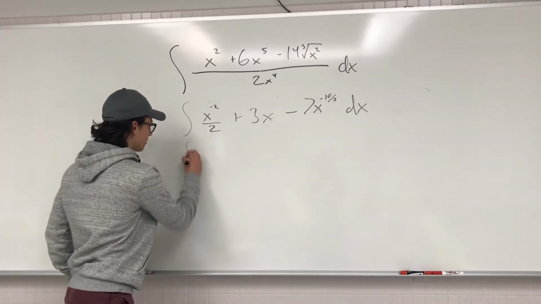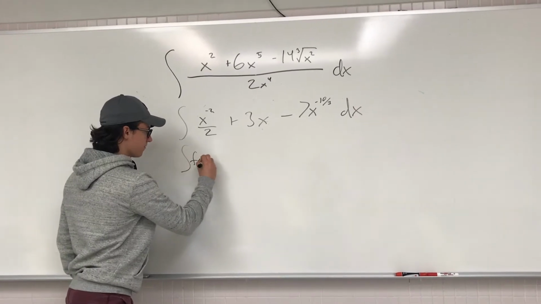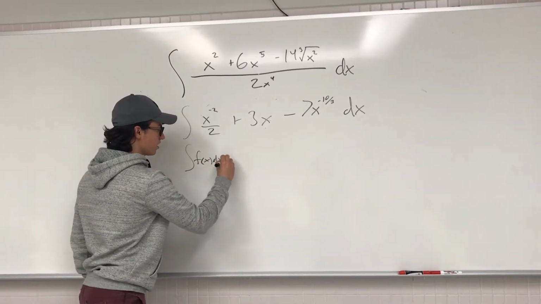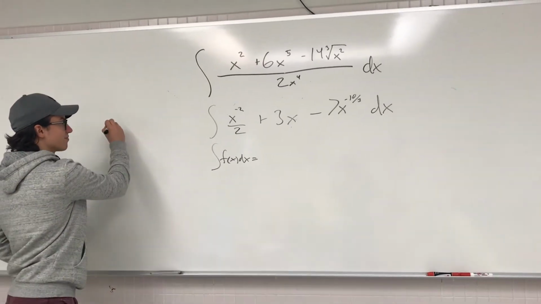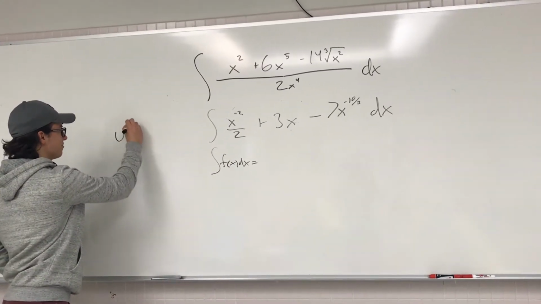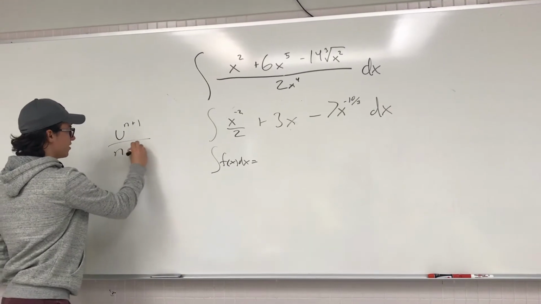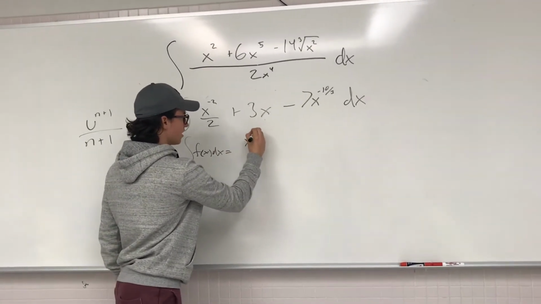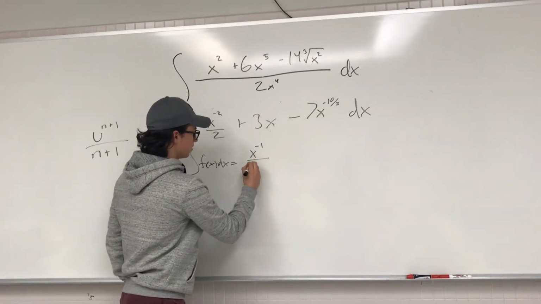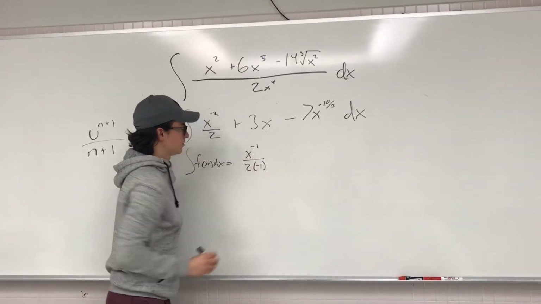So we have integration of f of x dx equals. To integrate, we have the formula x to the n plus 1 over n plus 1. So it's gonna be x negative 1 over 2 times negative 1.